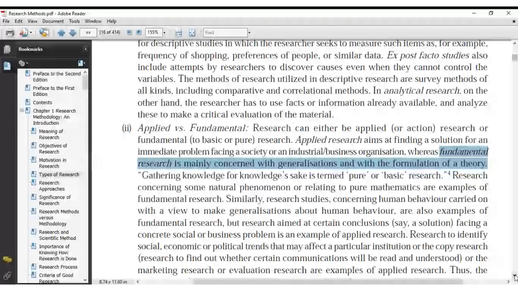In that fundamental research, I'm just going to come up with theories like online buying and selling is encouraged when people are on lockdown. Theories like online buying and selling is more expensive or it is cheaper.